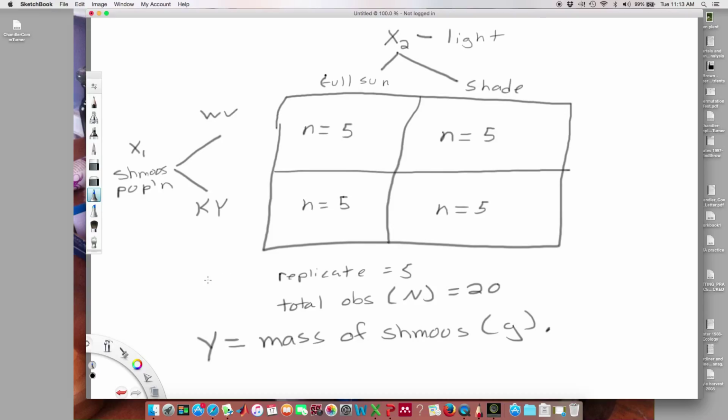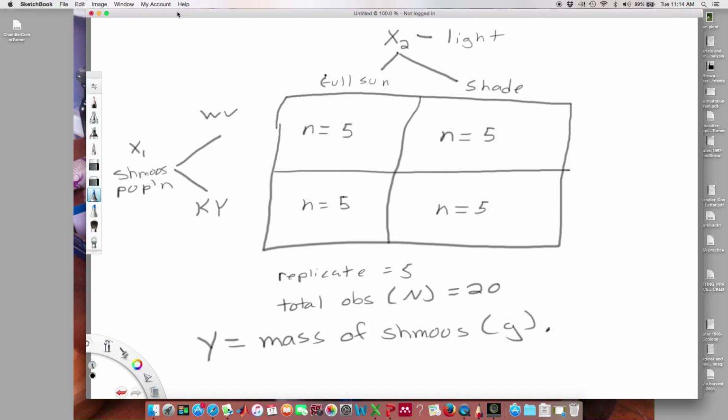So by using this design, we're asking the question, does the effect of light levels on shmoo mass depend on the population from which the shmoos come? That involves 2 independent variables and 1 dependent variable, which is the mass. This is a very simple way to look at your project a little differently.